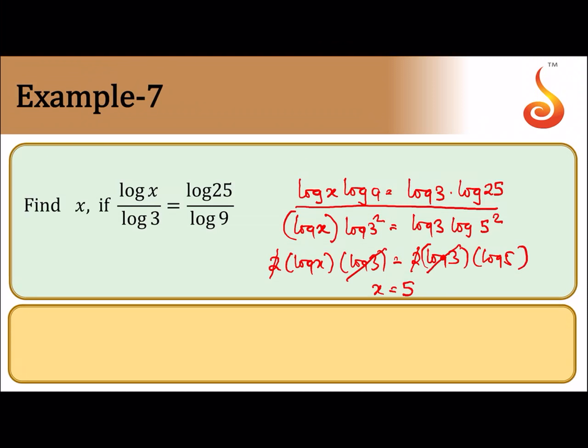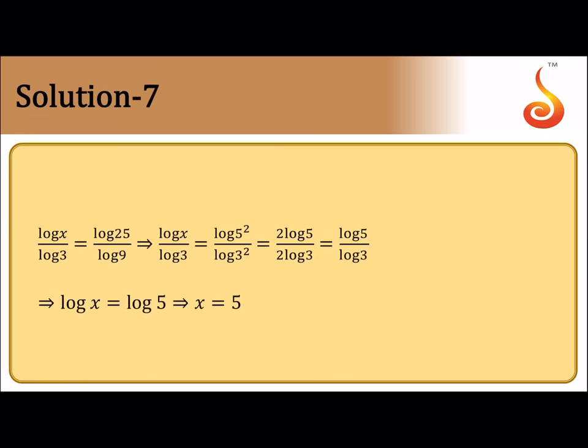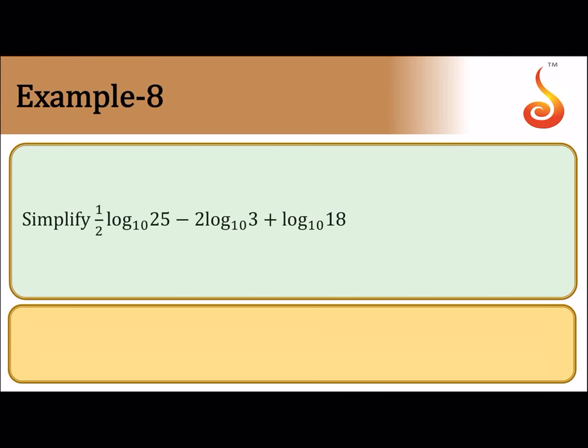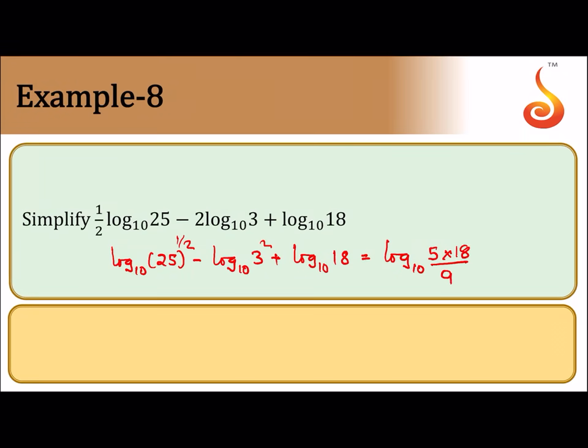So here I cross multiplied it, and we get the answer x equal to 5. Same way, all bases are same. Log base 10, 25 to the power 1 by 2 minus log base 10, 3 square plus log base 10, 18.